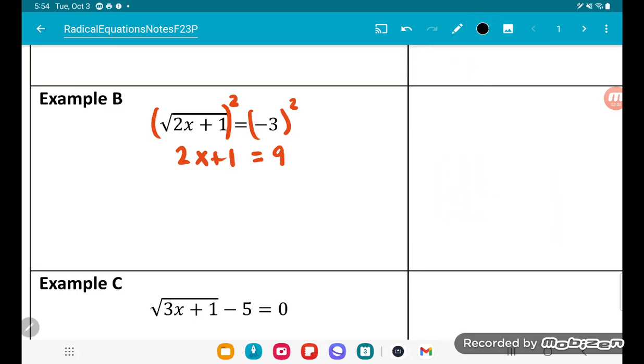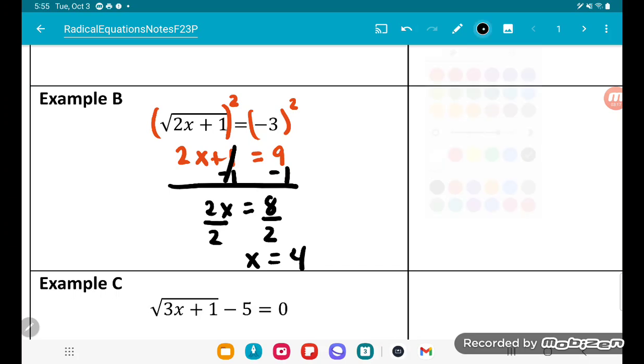From here, you have an equation that says 2x plus 1 equals 9. Subtract 1 from both sides. So 2x will equal 8. Divide both sides by 2. x will equal 4.